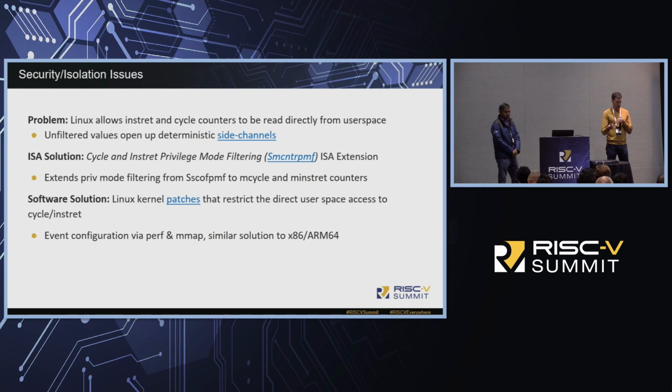So now if you're going to expose those counters to user mode, you can set them up to count only user mode instructions, user mode cycles, and eliminate that data leak. Further, we made some changes to the kernel such that now user access to those counters goes through perf, much the same way as done for other architectures, to further patch that leak.